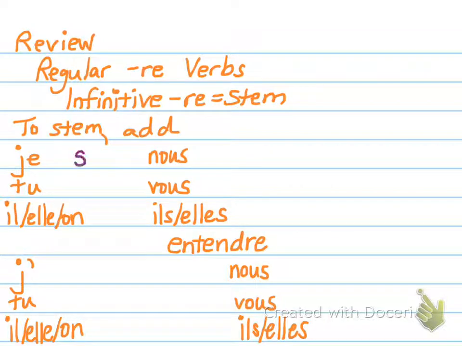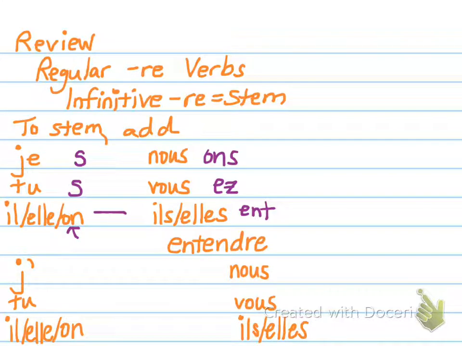For je, you add an S. For tu, you add an S. You don't add anything for the il, elle, or on. And remember, on is a new subject pronoun that means one, we, they, a lot of different things. We use it for general statements. For nous, we add ONS. For vous, we add EZ, and for ils and elles, we add ENT.